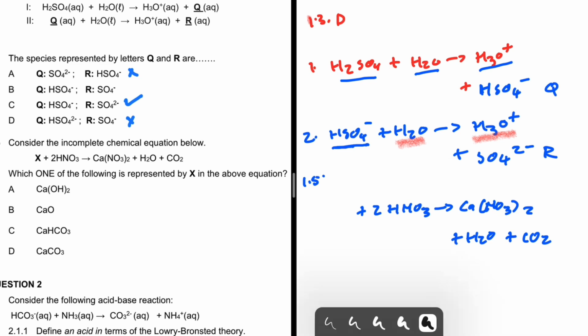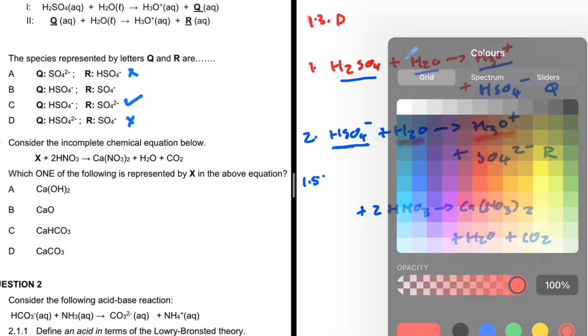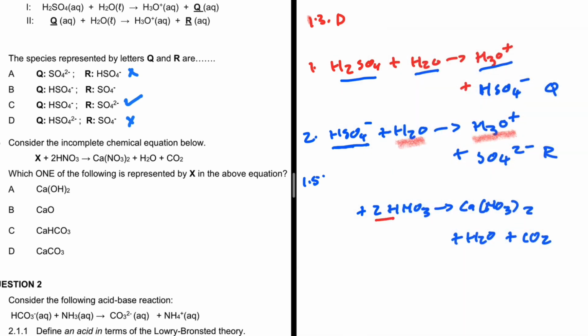So okay, the hydrogens, let me just change my color. So we have 2 hydrogens on the left. On the right we have 2 hydrogens. Okay, all is well there. Okay, let's do nitrogen. In nitrogen we have 2 atoms of nitrogen, right? That's on the left hand side, and on the right hand side the same is true.